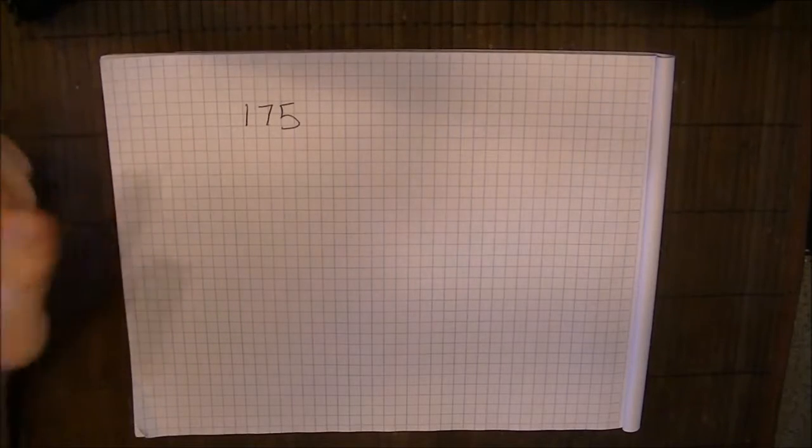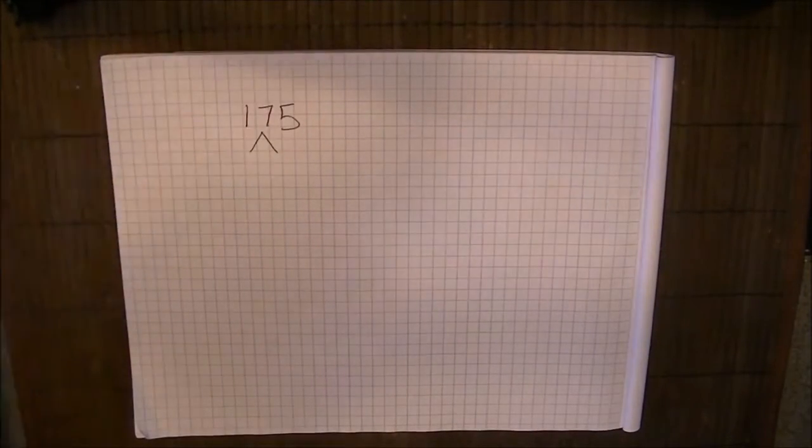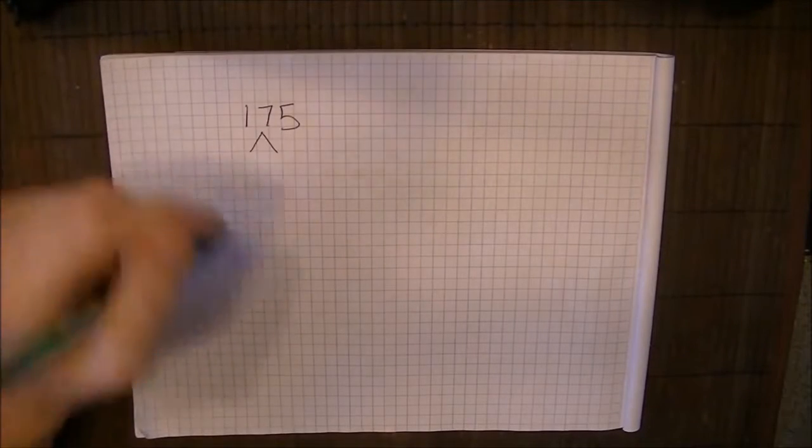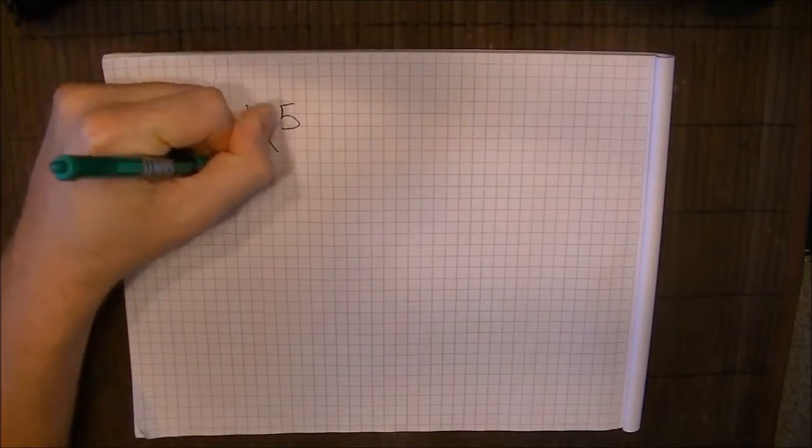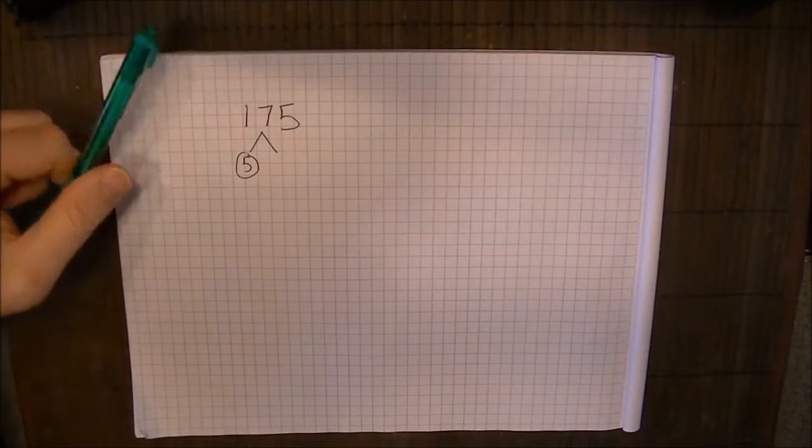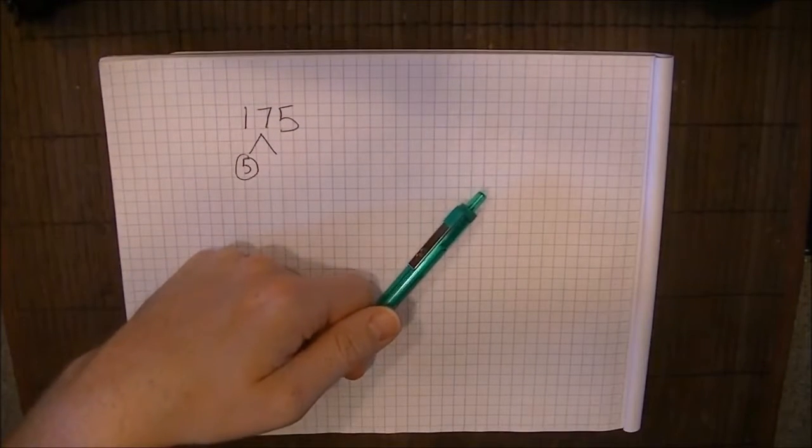I can check that real quick because 1 plus 3 is 4, which is not a multiple of 3. So this is not a multiple of 3. Therefore, 2 and 3 are out as possible prime factors. So 5 is my first choice. So this number is going to be 5 times some number.